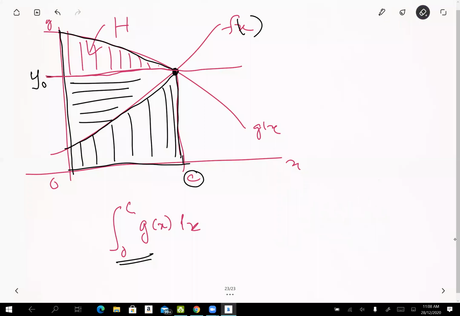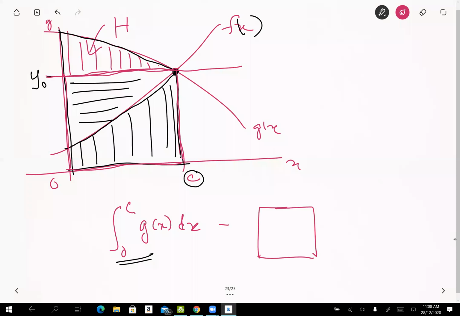Because there is a larger function, you find only one area in order to get the area H. What is it? It's the area of that rectangle. So to find the area H, you find the area from 0 to C of G of X, and then I have to take out the rectangle.